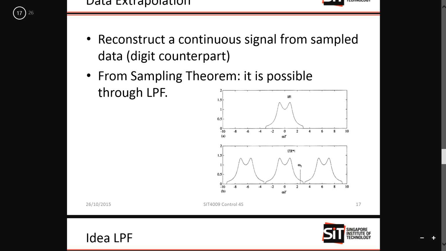However, if you look at this part over here, your low pass filter can actually prevent the overlap. At first your signal may be something like this, spread out very evenly.